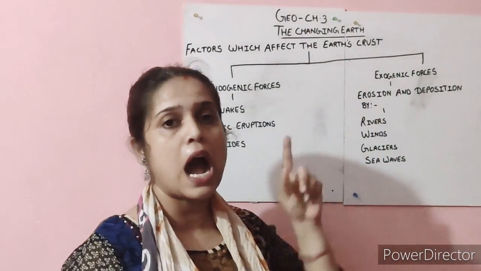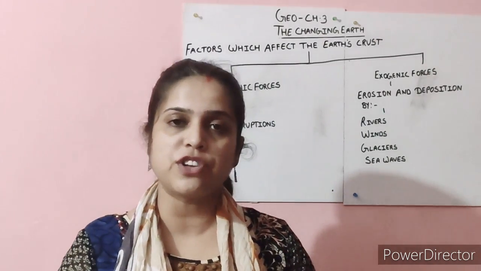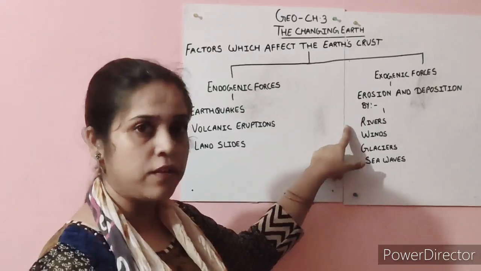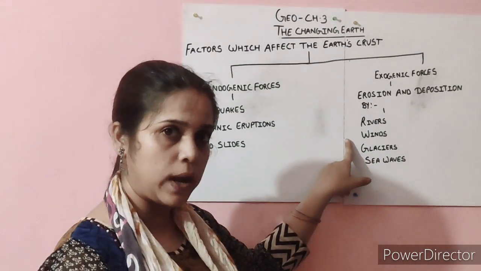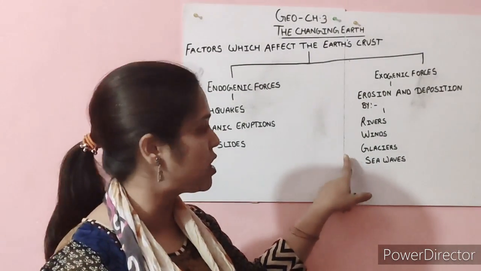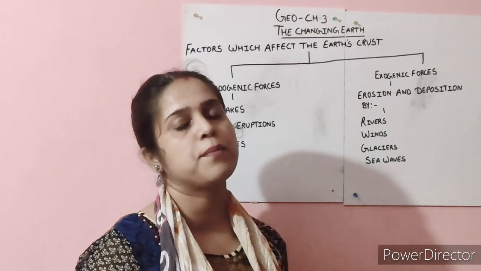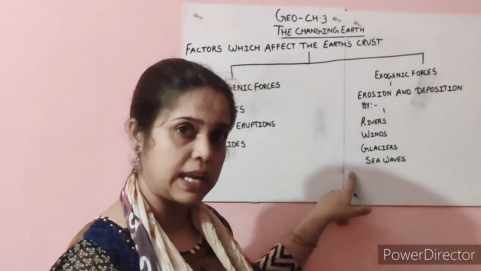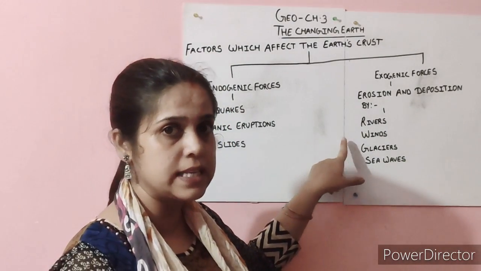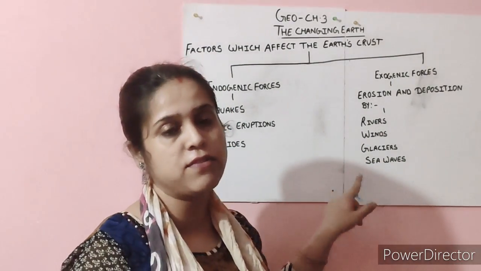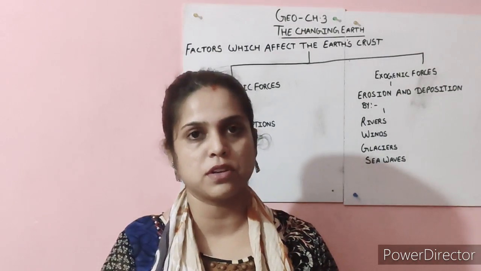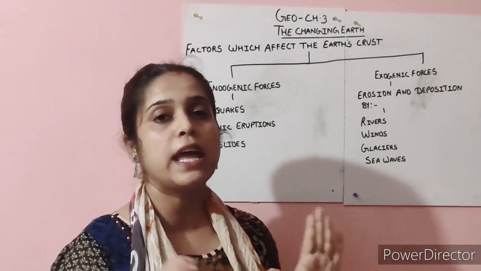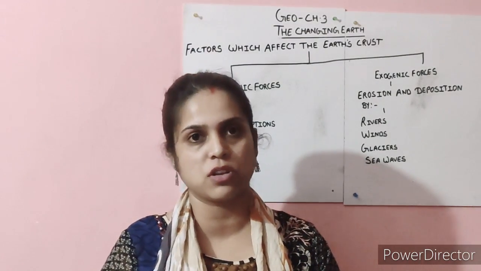Exogenic forces are those forces which originate on the Earth's surface, like work of river, work of wind, work of glacier and work of sea waves. You will be studying all these four things, the work of river, wind, glaciers and sea waves in the coming chapter. But in short, it is all a part of erosion and deposition.